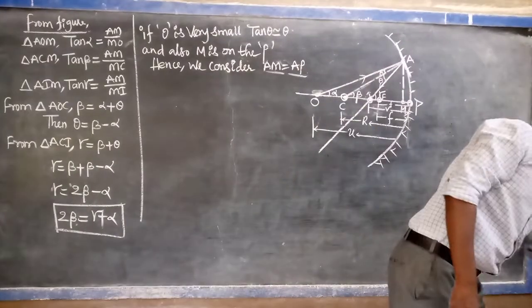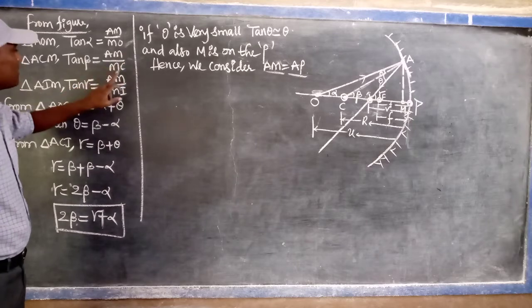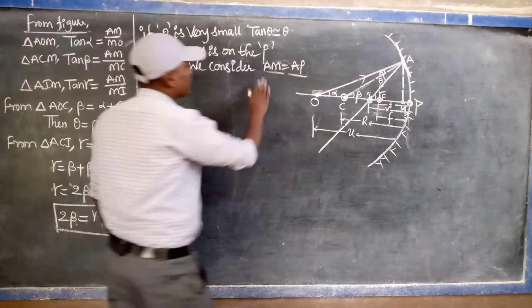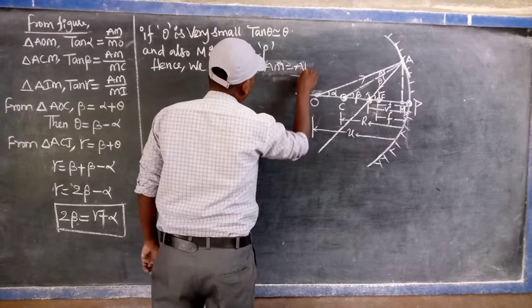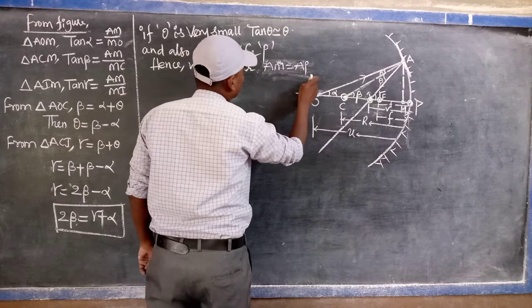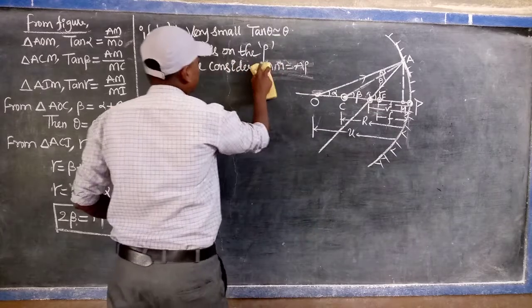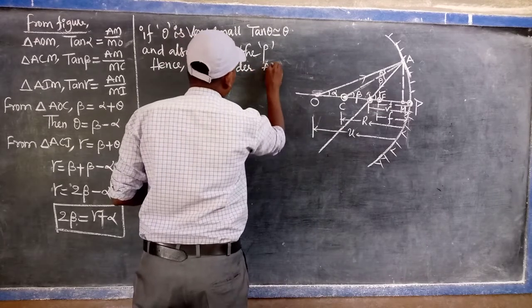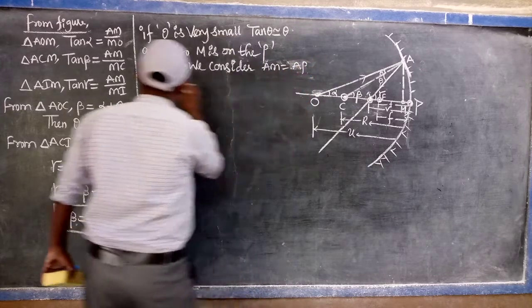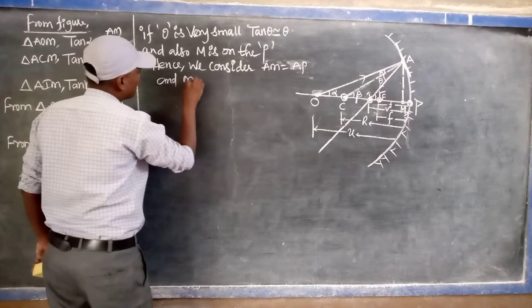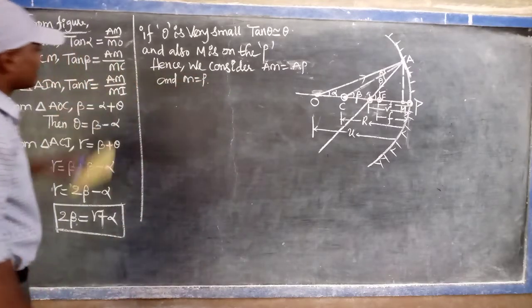So what we are considering is that AM is equal to AP, or simply M is on the P. These two situations we substitute here.